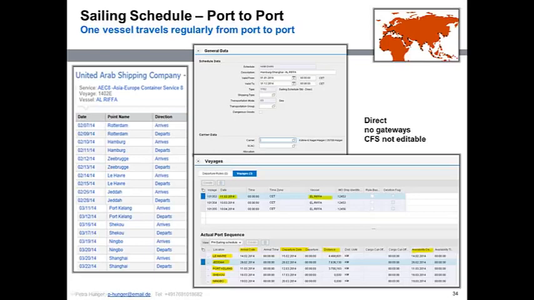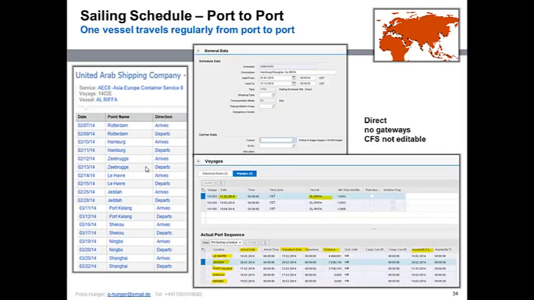It doesn't mean that you cannot maintain the carrier, you can still maintain it, but it's just not so important. In this example on the slide you can see the vessel Al Rifa leaving on the 2nd of July in Rotterdam, going to Hamburg, from Hamburg to Zeebrugge, traveling through many stops until Shanghai.